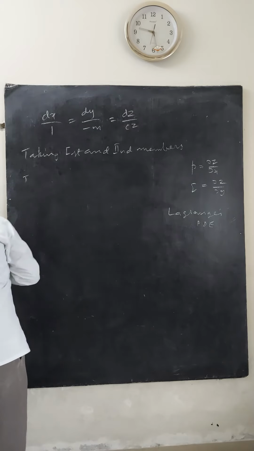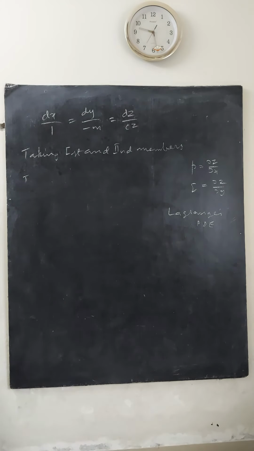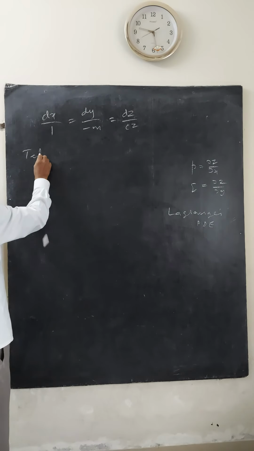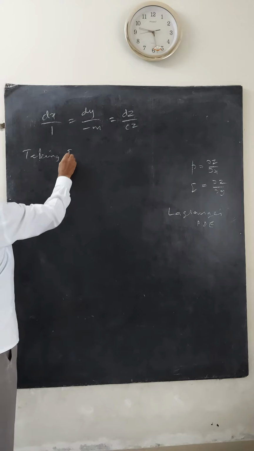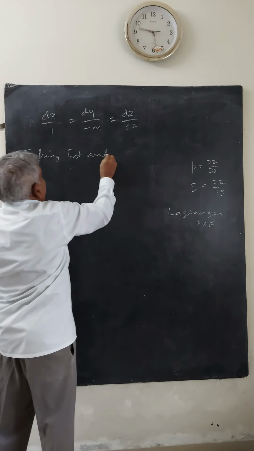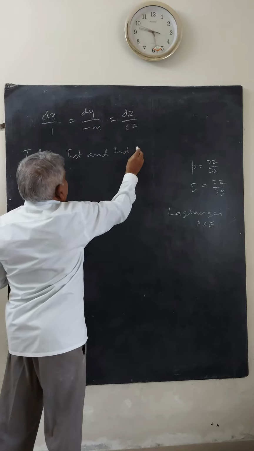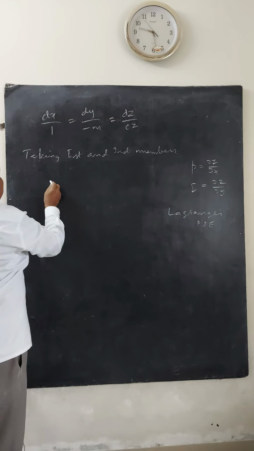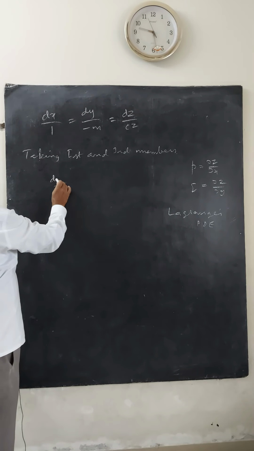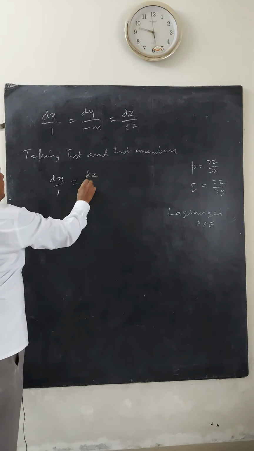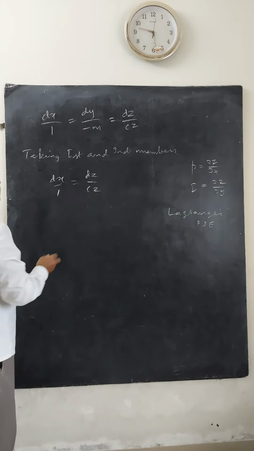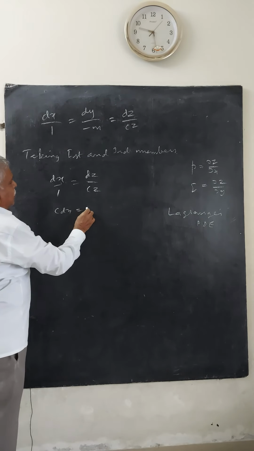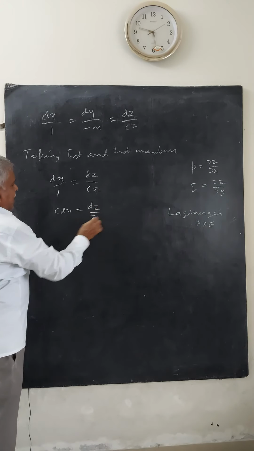Taking first and third members, dx by 1, dz by cz. c bring this side, c dx equal to dz by z.